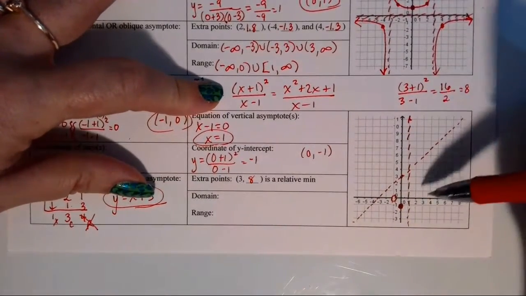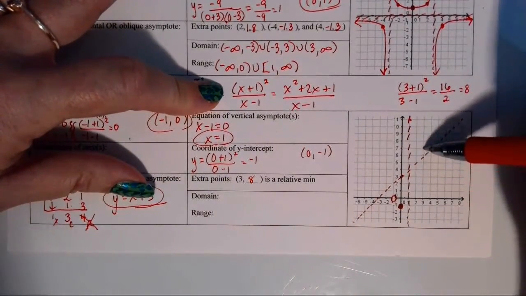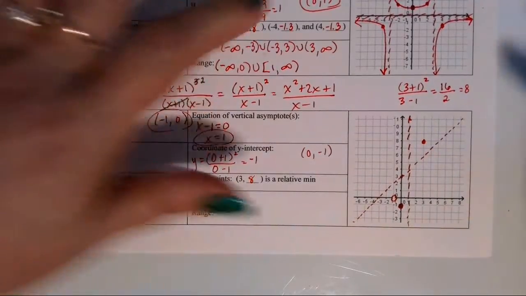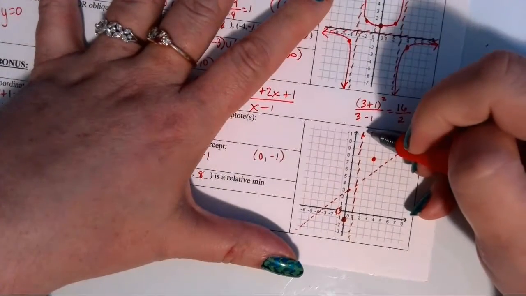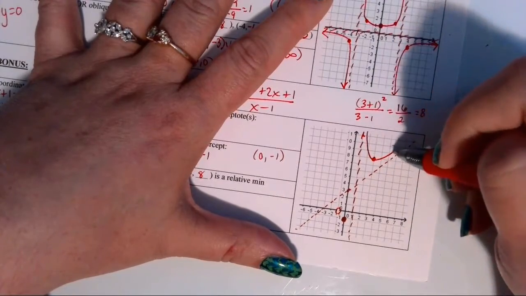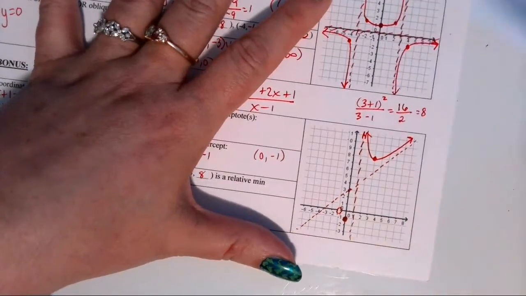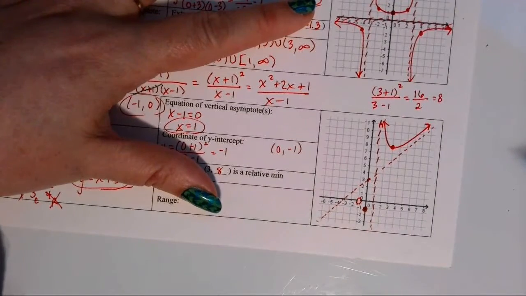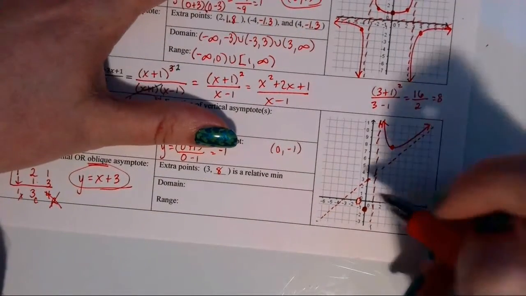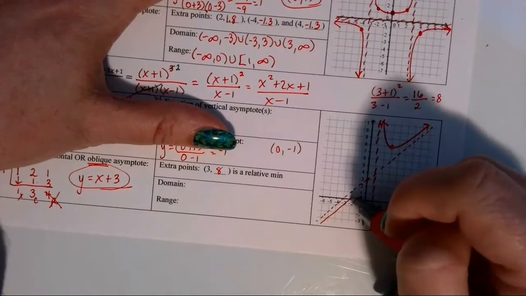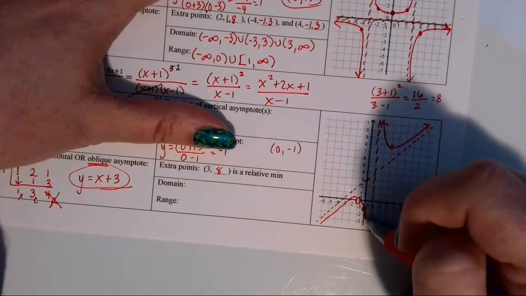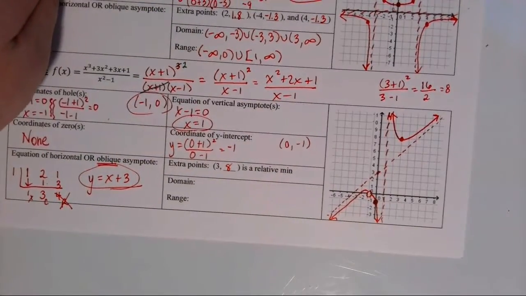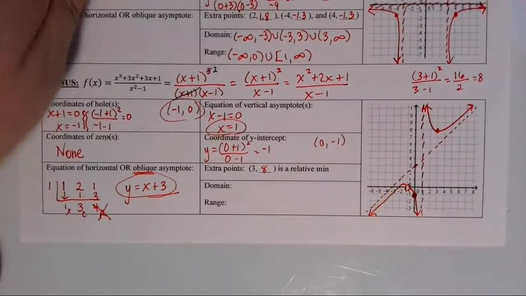So the point 3 comma 8 is a relative minimum, which tells me that this hyperbola is shaped by that vertical and oblique asymptote with a turning point here at 3 comma 8. Then I can do the same thing down here, and there would be my graph of the f of x.